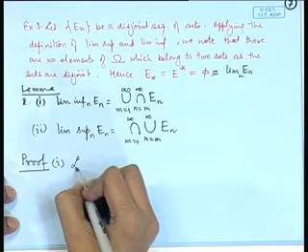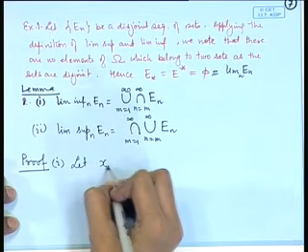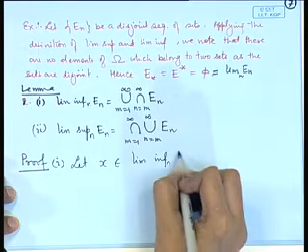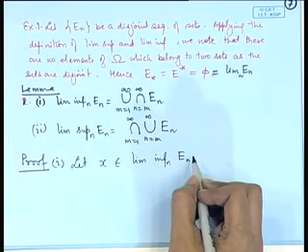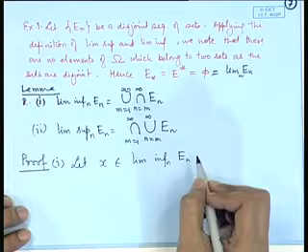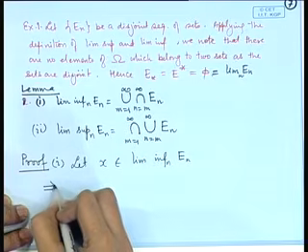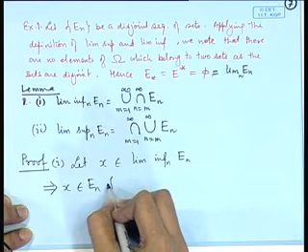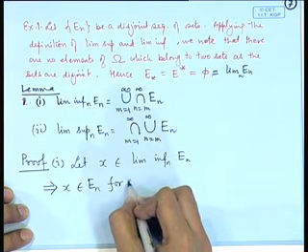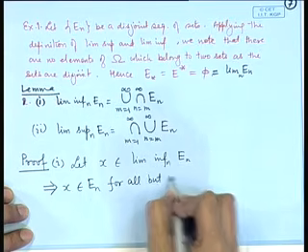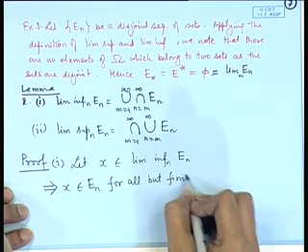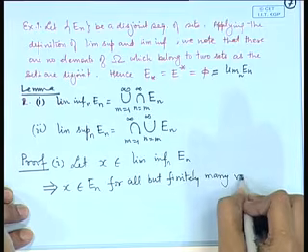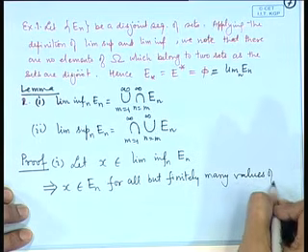Consider a point x belonging to limit inferior of E n. By definition of the limit inferior, it implies that x belongs to E n for all but finitely many values of n.